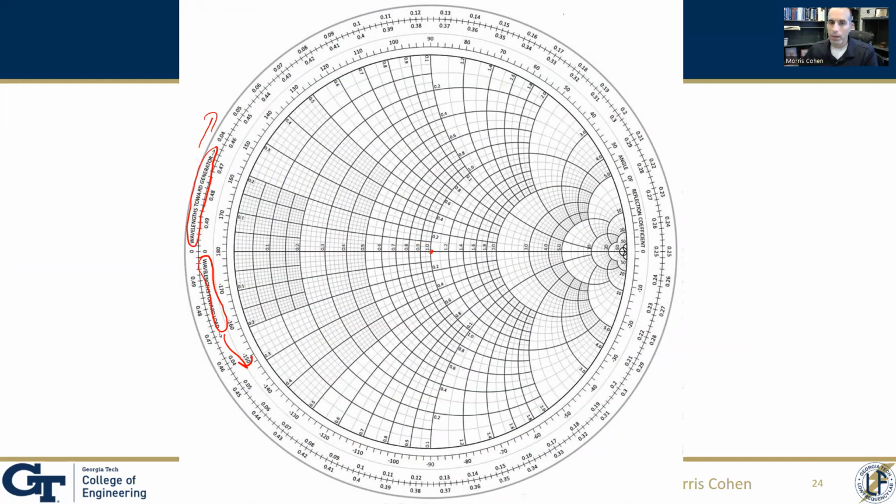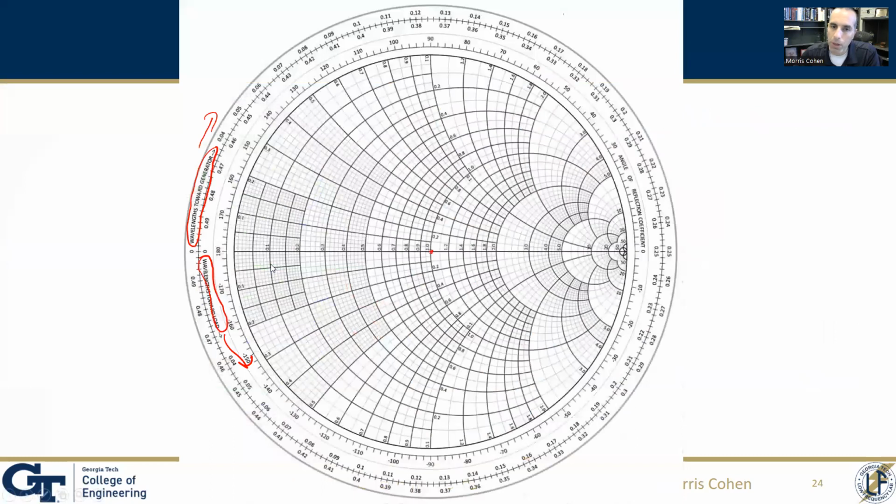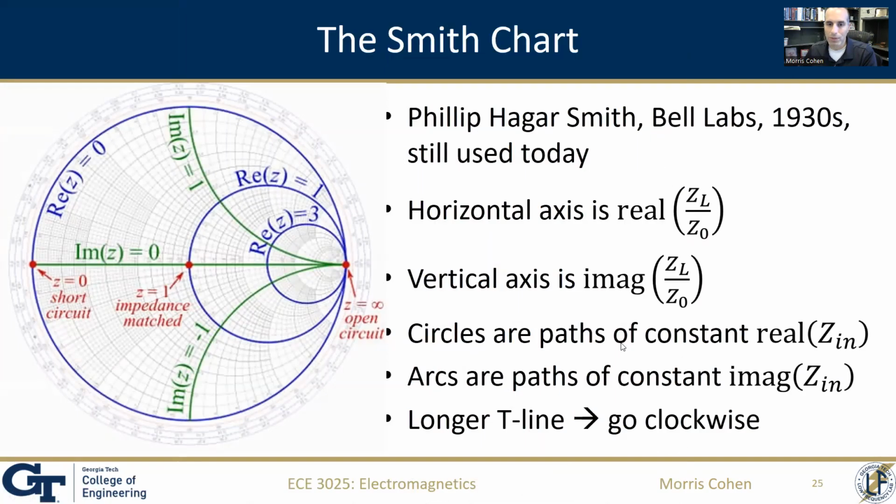So that's the beginnings of a match. The vertical axis is the imaginary part of that normalized impedance. So you can see that as well. Again, 1.0 is basically where things are a perfect match. And you go up or down as the imaginary portion of the normalized impedance is.